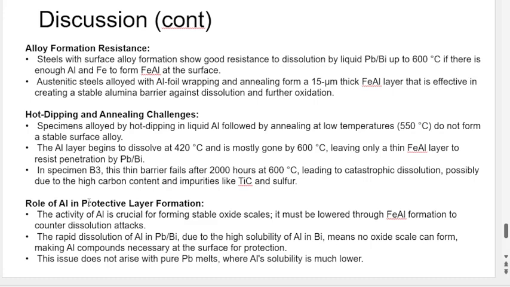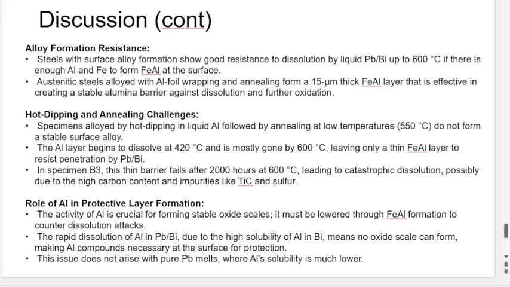Role of aluminum in protective layer formation. The activity of aluminum is crucial for forming stable oxide scales. It must be lowered through aluminide formation to counter dissolution attack. The rapid dissolution of aluminum in PbBi due to its high solubility means no oxide scale can form, making aluminum compounds necessary at the surface for protection.